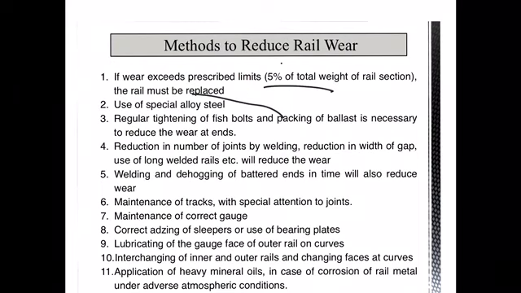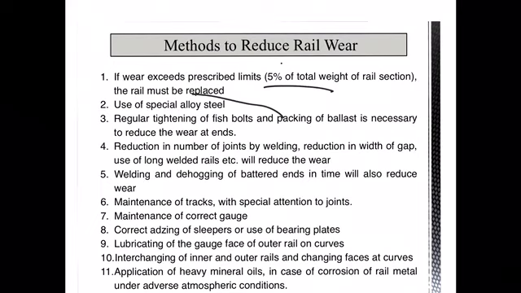Some of the methods with which you can minimize rail wear is the use of special alloy steel, which makes the steel stronger, and that will reduce the wear. Also, regular tightening of the fish plates and fish bolts and packing of the ballast is necessary to reduce the rail wear at the ends. The main reason why the wear is occurring at the end is the loose fish plates and the fish bolts.